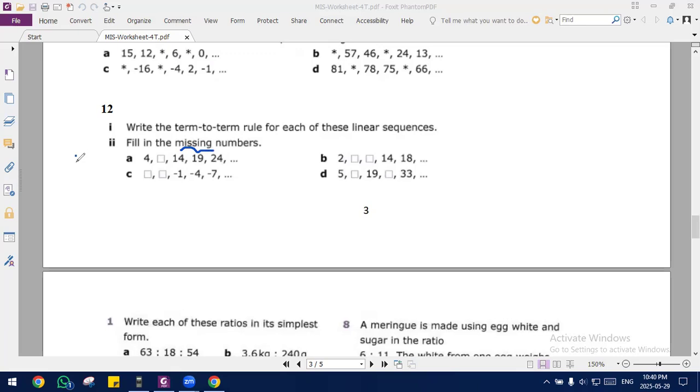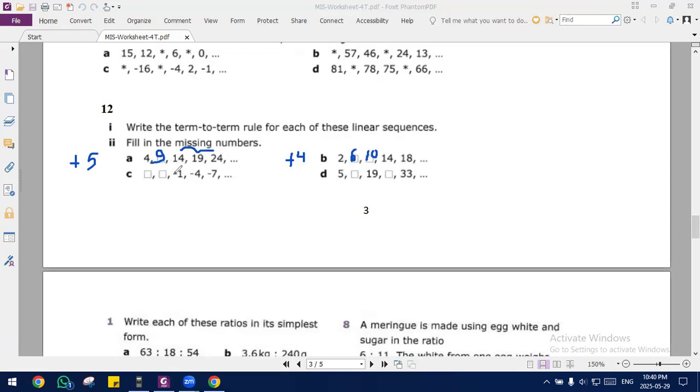The term-to-term rule is plus 5. So 4 plus 5, 9 if I need to fill. Now B, let's check. 14 becomes 18. This is plus 4. I'm writing the formula. Now 2 plus 4, 6. 6 plus 4, 10. 10 plus 4, 14.